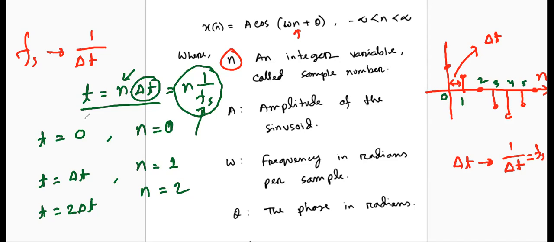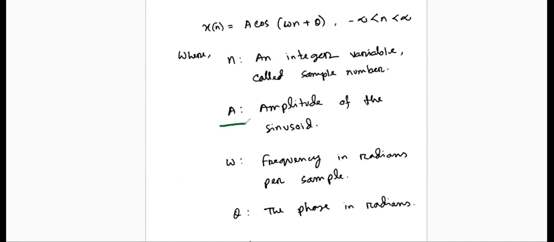Okay. So I believe that you understand the essence of the value of n. Again, A is the amplitude, as we have done in case of analog signal. Omega is very important here because this is the frequency of the digital or discrete signal, the frequency in radians per sample.